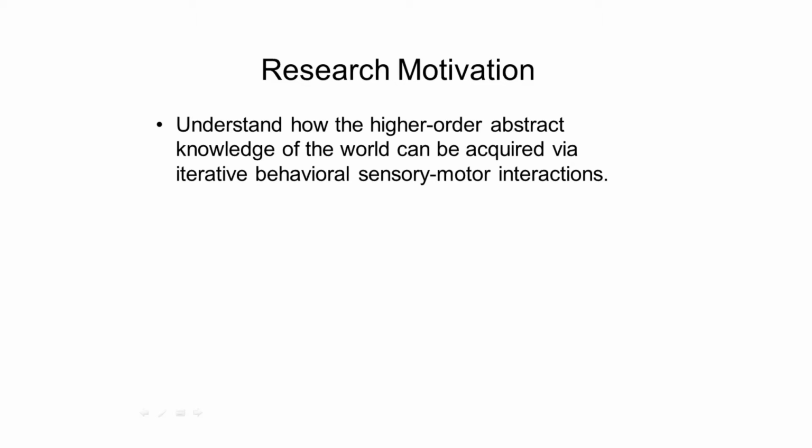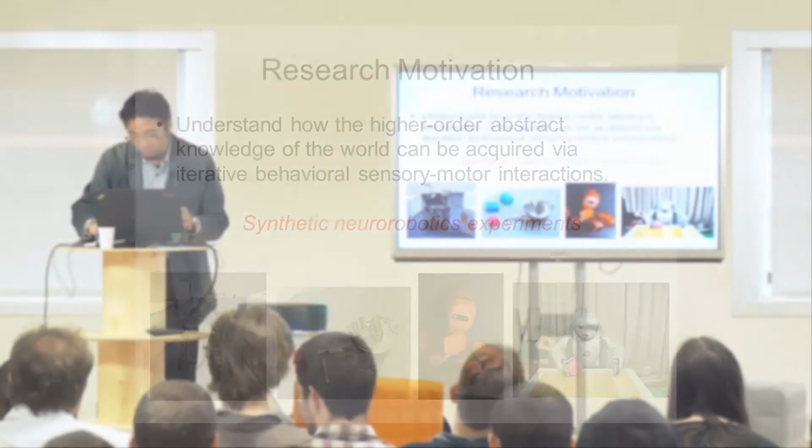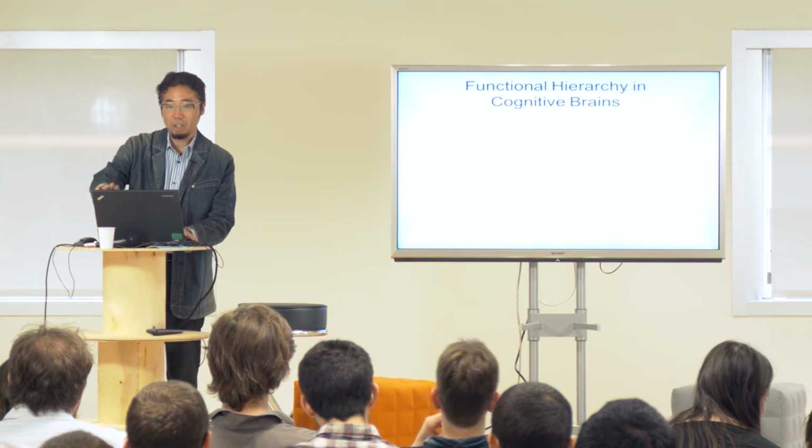For this purpose, we have conducted what are called synthetic neuro-robotics experiments using different types of robots: navigation robots, Eyeball and Curio, and now I'm using humanoid robots also. Today specifically, I'm going to talk about functional hierarchy, and how this kind of thing can be developed.